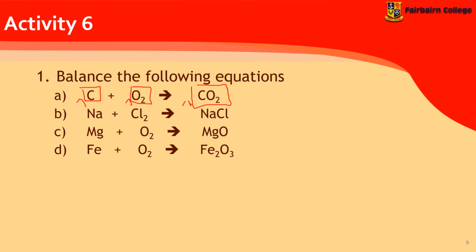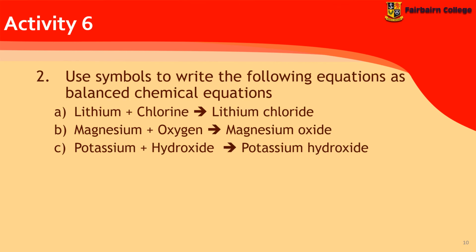Then for the next one. Okay, so for the second question, I give you the names of the elements and the compounds that form. So now you have to go look up the element on the periodic table, and then you have to figure out how they bind. So you can't just say LiCl.